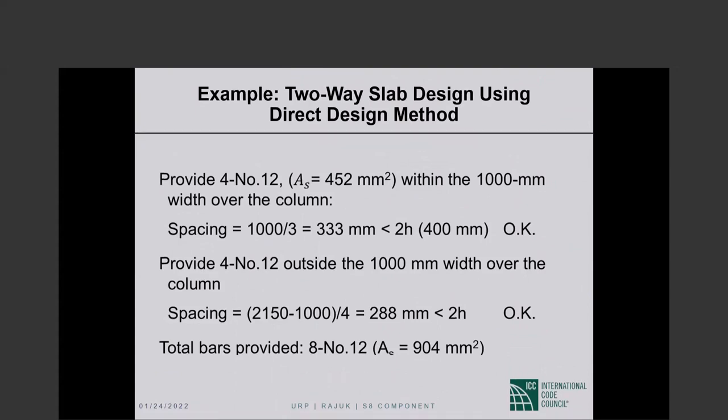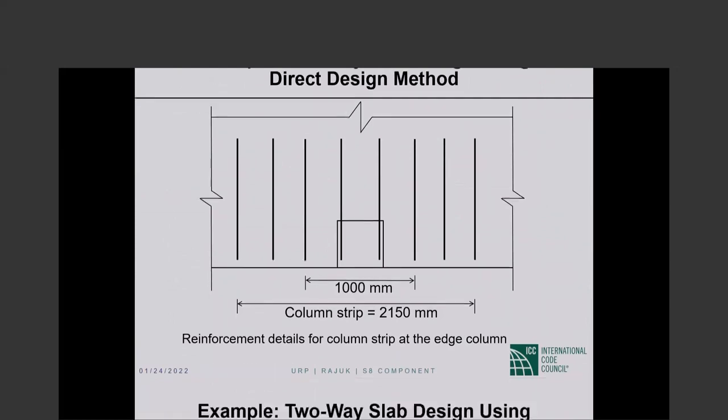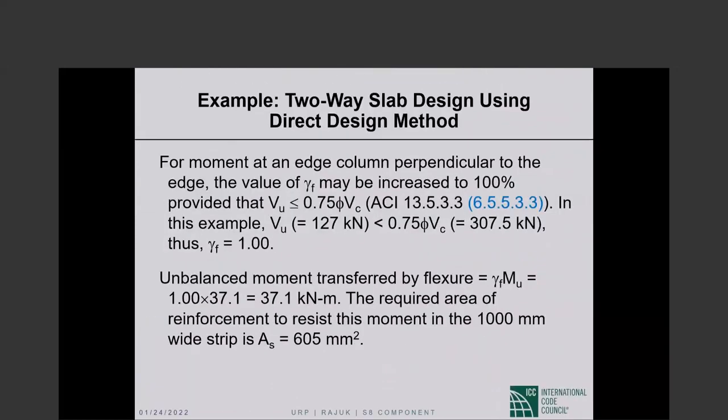Total area 904 square millimeters. So that's when we did not take advantage of the flexibility that we have. We transferred 62% of the unbalanced moment by flexure.